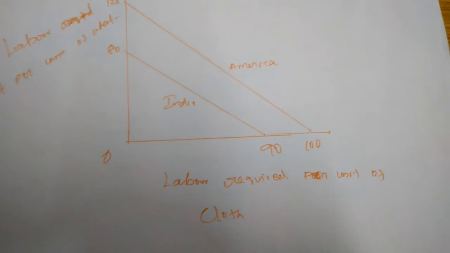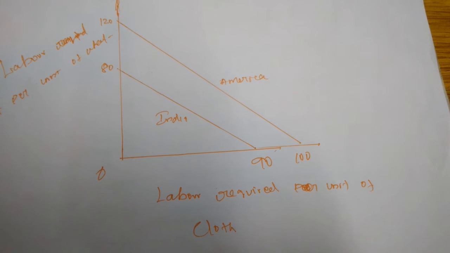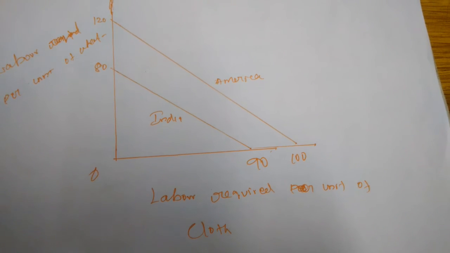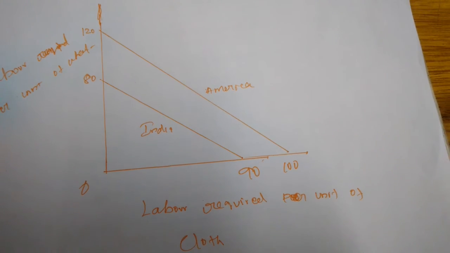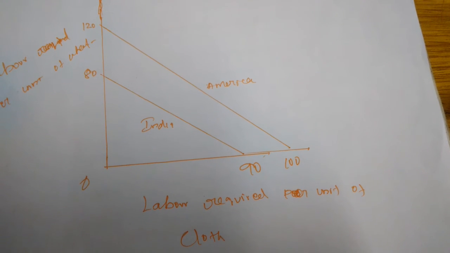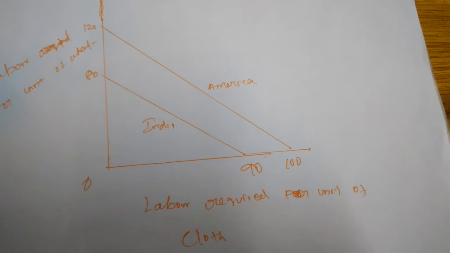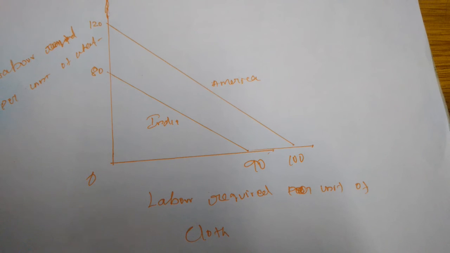But here there is no big difference between 90 and 100. So America is producing 1 unit of cloth by using 100 units of labor, but India produces 1 unit of cloth by using 90 units of labor.